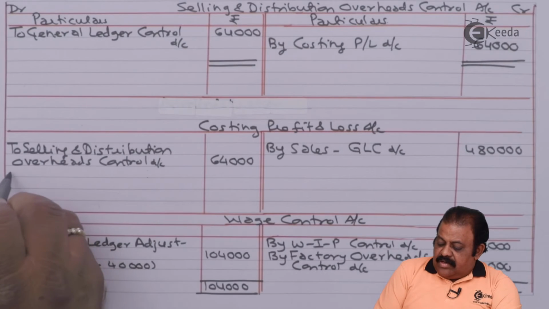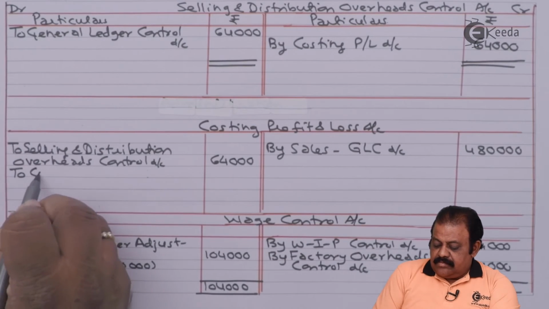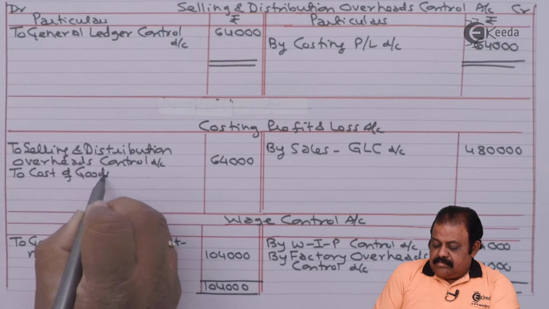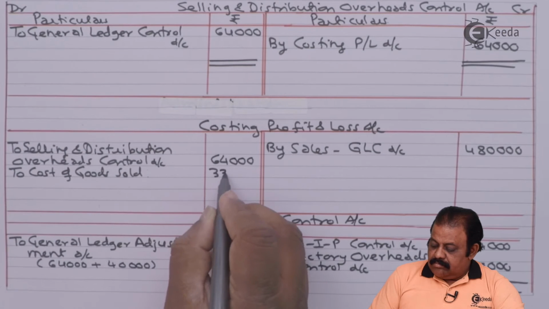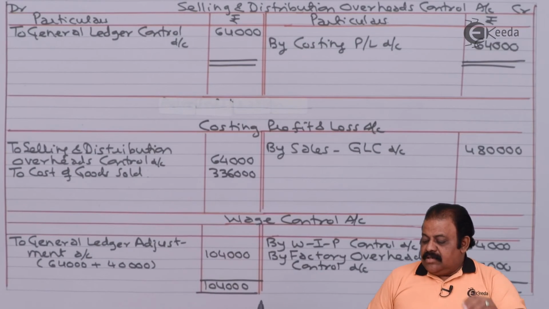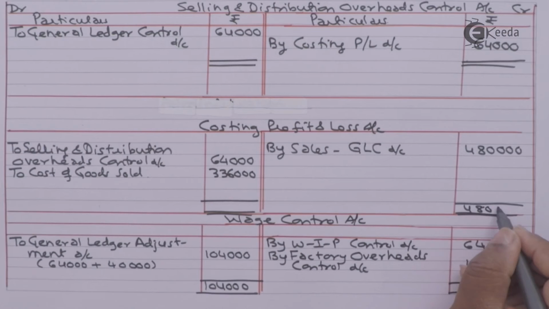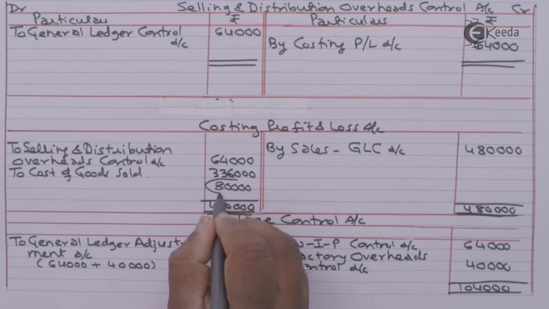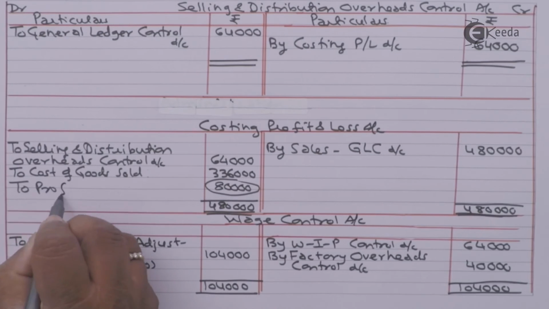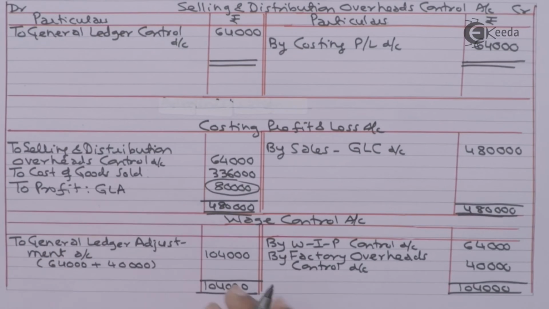Costing profit and loss account debit side to cost of goods sold 3,36,000. Costing profit and loss account is showing profit of 80,000. This will be transferred to general ledger adjustment account.